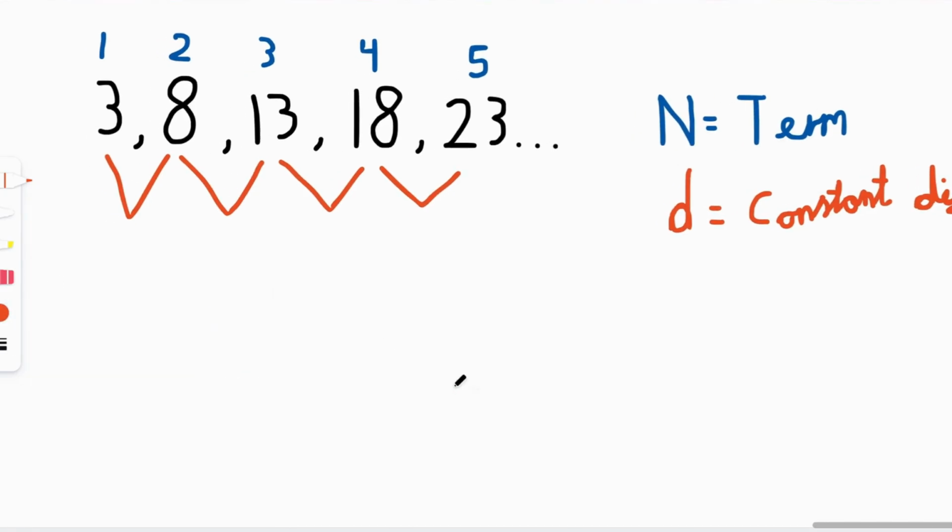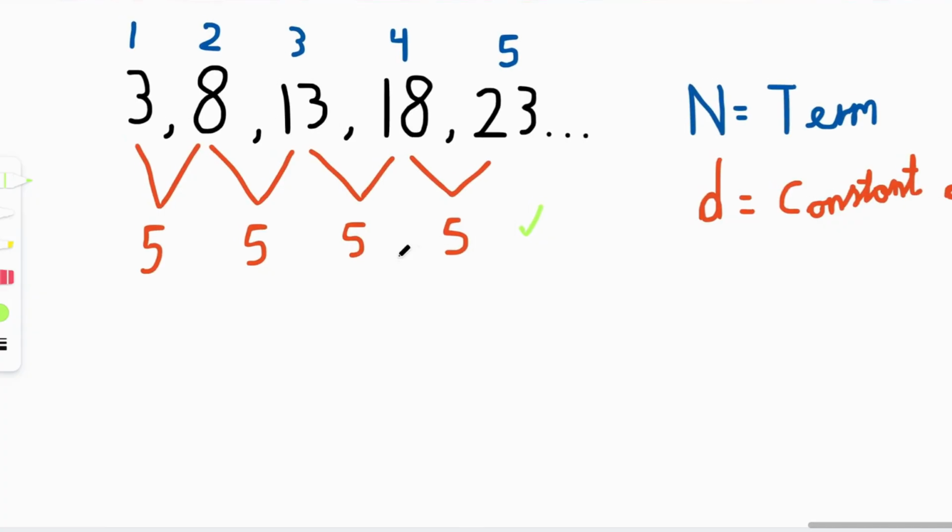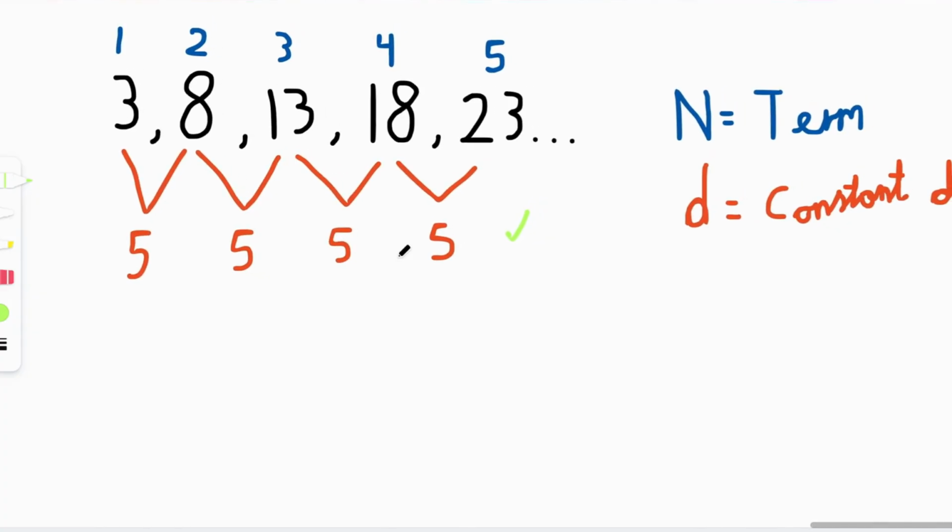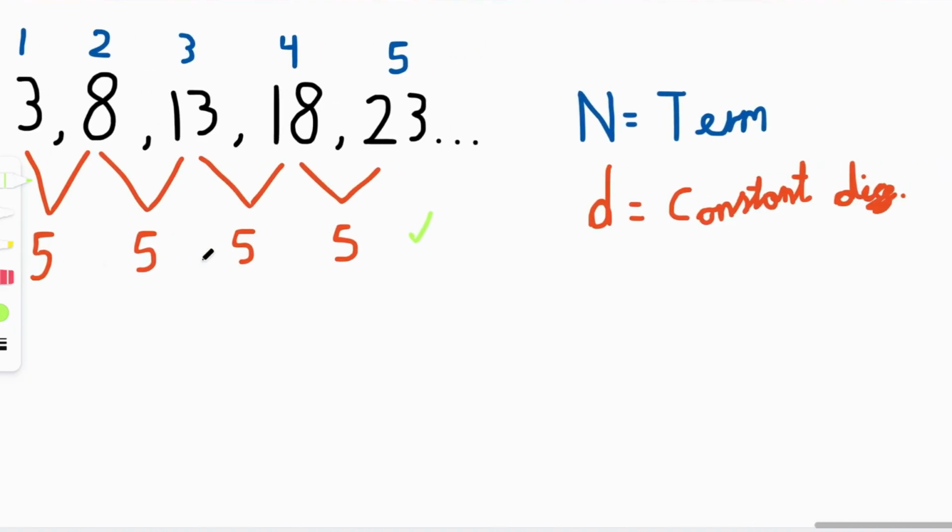In this video, I'm using examples that are positive, just because, not really a reason why. But these values can also be minus 5. So yeah, take that into consideration. Okay, so with all values being 5, we have officially identified that it is an arithmetic sequence.